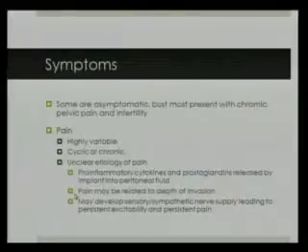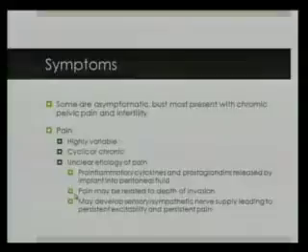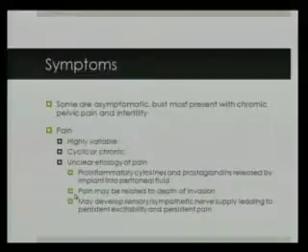Sometimes it's not 100% sure where the pain is coming from. Sometimes we think that it's from pro-inflammatory cytokines and prostaglandins that are released by the implant into the fluid to cause irritation. And the pain may be related to the depth of invasion with those deeply infiltrating lesions. They may develop a sensory or a sympathetic nerve supply that goes to the implant, which causes excitability and pain. So that can be part of where the pain comes from.